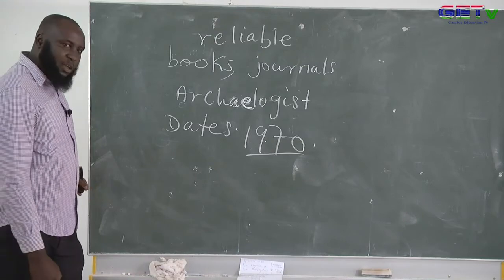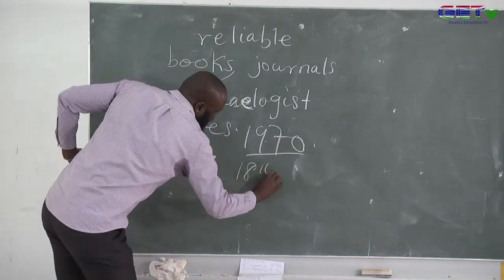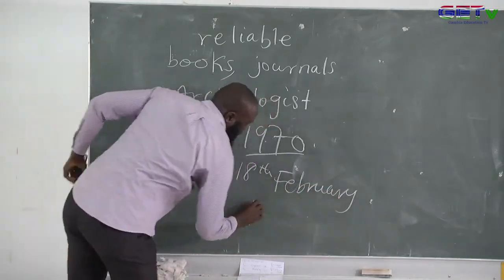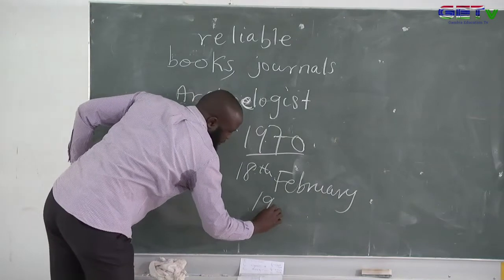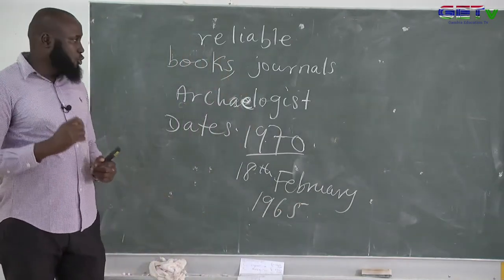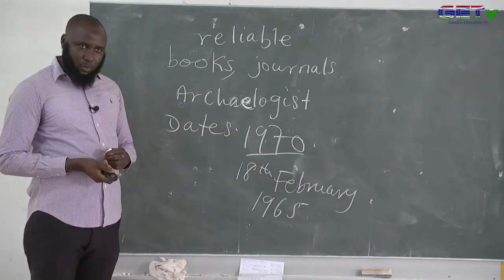Another one is the Gambia became independent on 18th February 1965. This also helps us to know when the Gambia became independent.